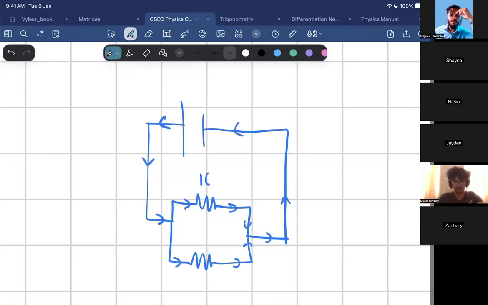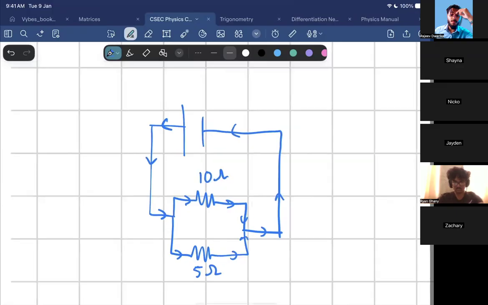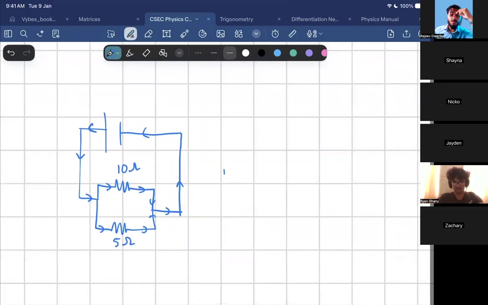Let's say we have 10 ohms over here, and 5 ohms over here. If I wanted to combine these resistors to find the total resistance, I would say 1 over 10 plus 1 over 5, to the power negative 1.